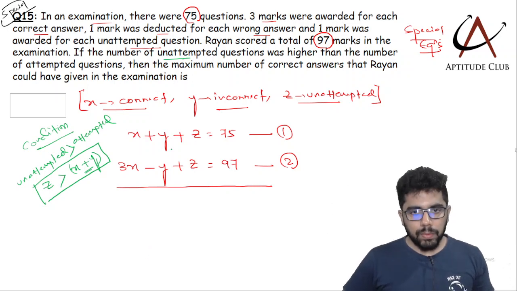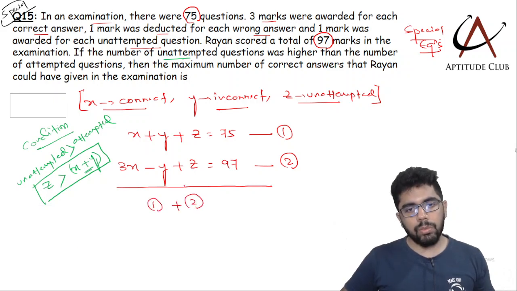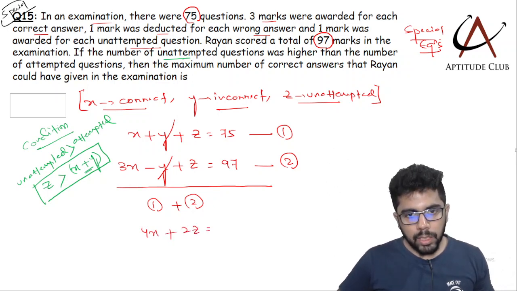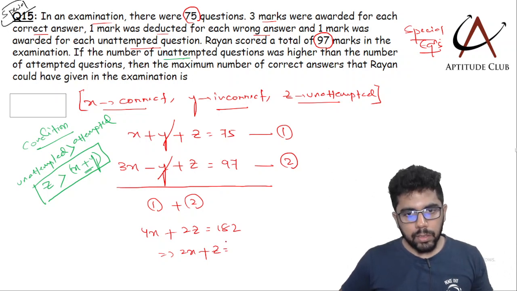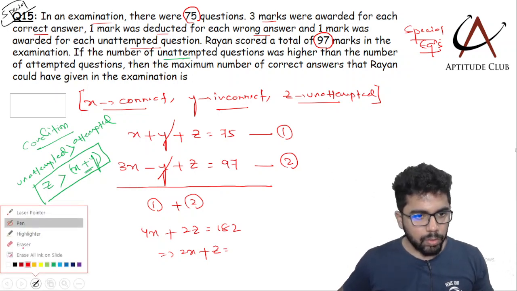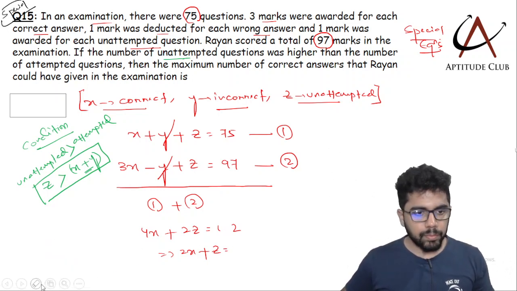By that logic, if I simply add equation 1 and 2, Y gets cancelled out. So I get 4X plus 2Z is equal to 172.